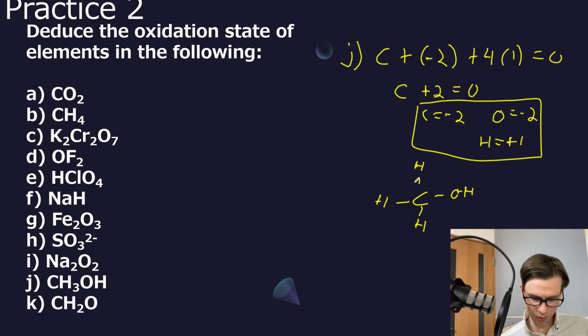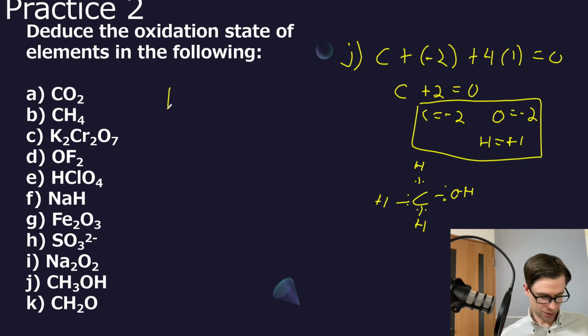So in the H bonds, C will get the electron pairs, pull them close to itself. But in the C-O bond, it loses the electron. Oxygen, being more electronegative, pulls it. So it kind of goes -3, but then +1. So in the end, that's how it gets the -2 oxidation state. It goes -3 from hydrogens, but then +1 from the oxygen.